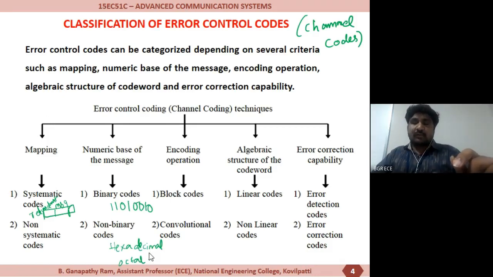And based on how we design an encoder and how we do the encoding and decoding operation, the channel codes are classified into two different types called block codes and convolutional codes. If the codes are generated without any memory requirement or without depending on any previous values, then it is called a block code.